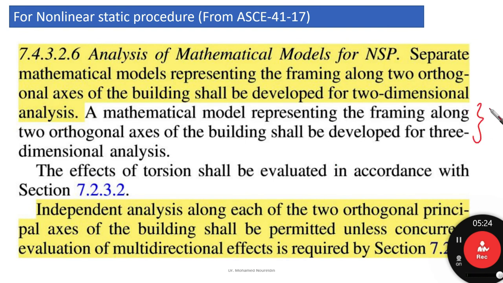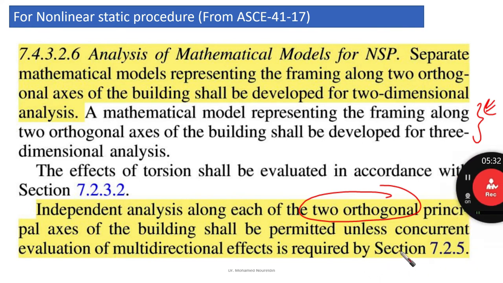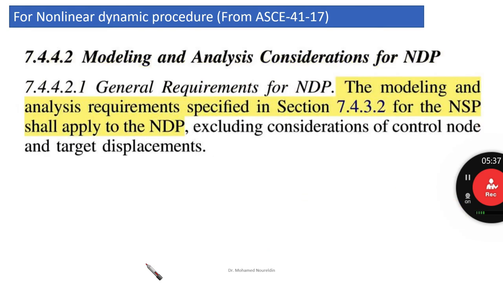Always 3D is most welcomed, as we have said, but sometimes we need to consider some sections that are related to concurrent or multi-directional evaluation. Then in this case we need to be careful and respect the section itself. Okay, thank you, and see you in the next video.